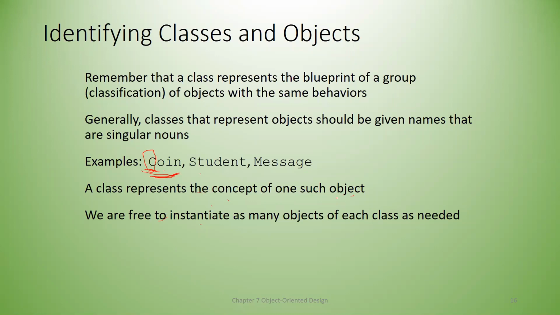So what do I mean? A class represents the concept of one such object. I don't remember what I meant here, so let me take that out. Are you trying to say that because the name is a singular noun, like student, the class is supposed to be the realization of just one student, not all students?